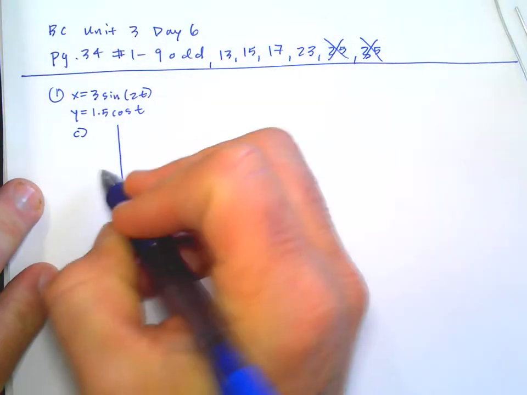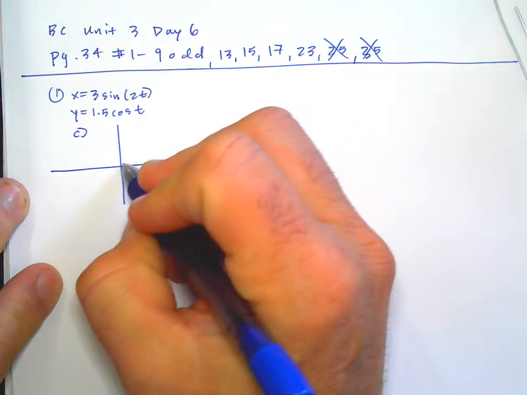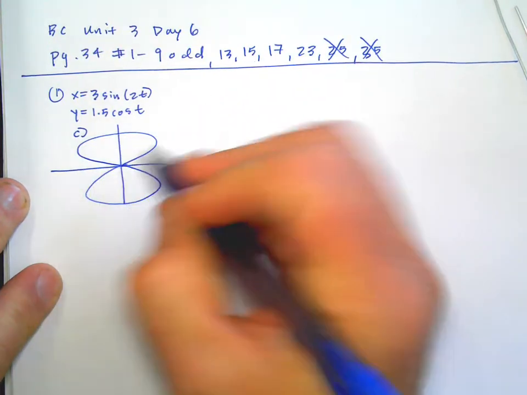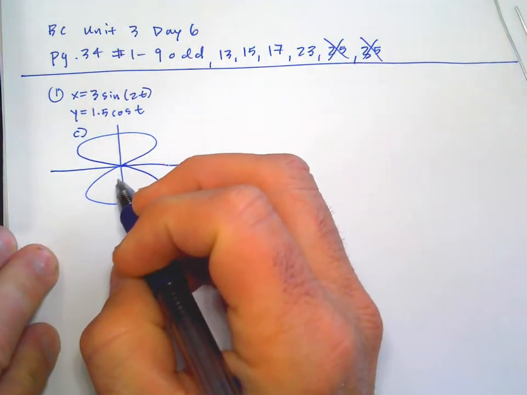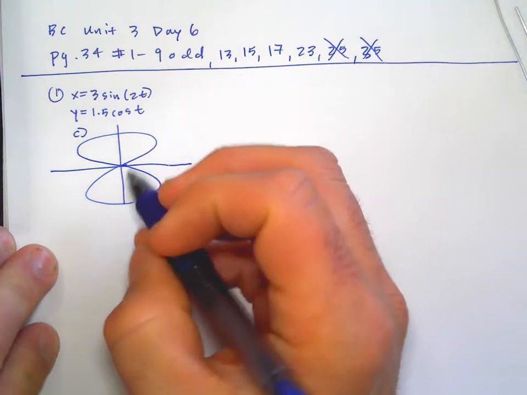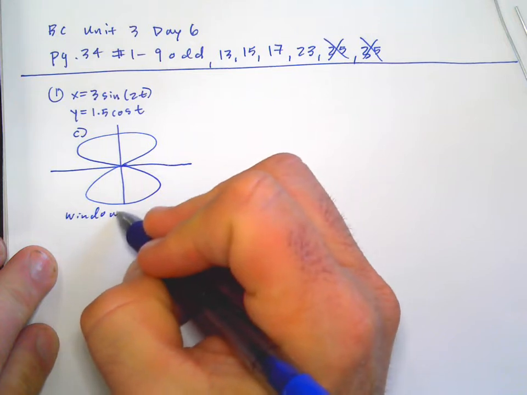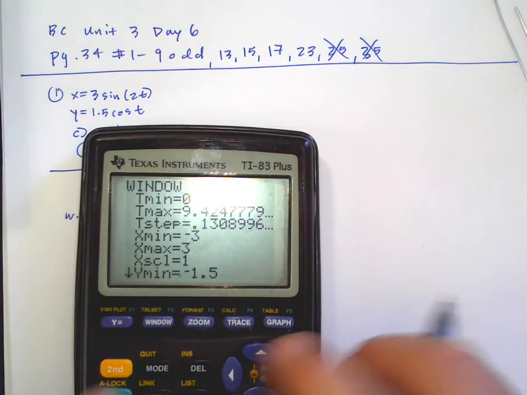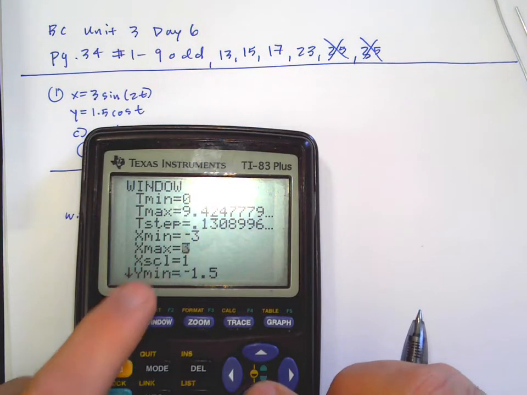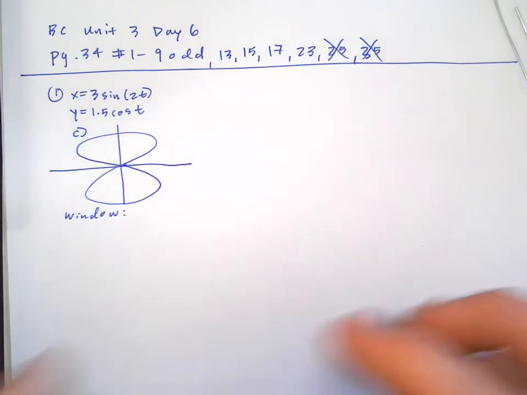We could just draw a quick sketch of it. Kind of looks like that. And they said to state the approximate dimensions of the window. So you could go to window after we did zoom fit. It's negative 3 to 3, negative 1.5 to 1.5.